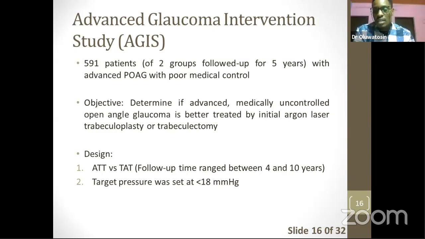Then the other group received the treatment in a reverse pattern. They started with the surgical intervention, then laser, then surgical intervention. These two groups were followed up for 4 to 10 years, and the target pressure was set to be less than 18 millimeters of mercury.